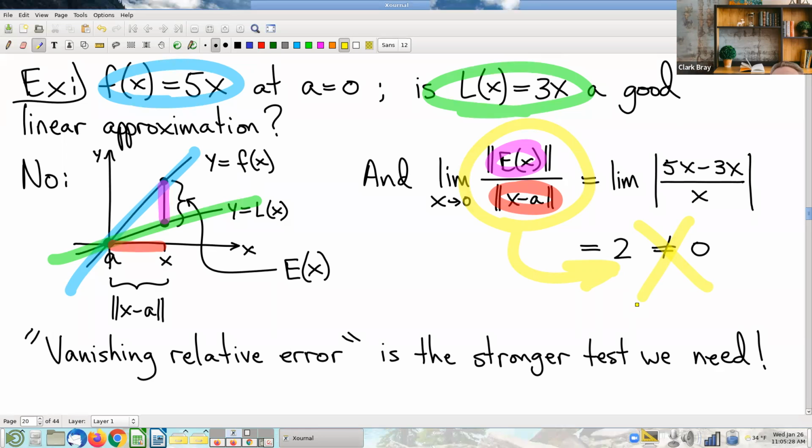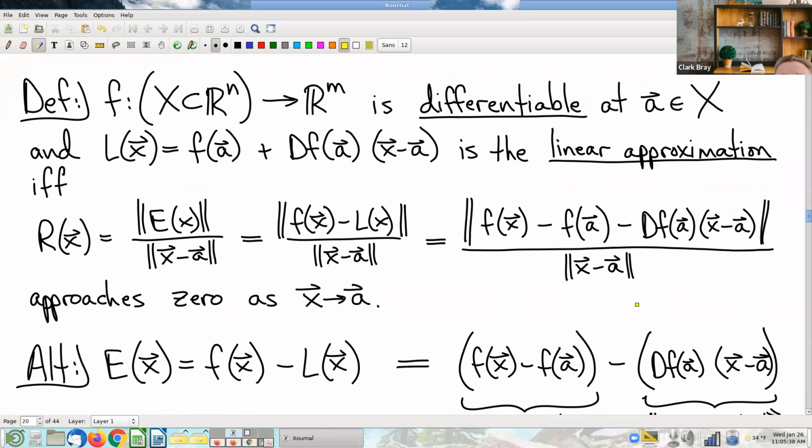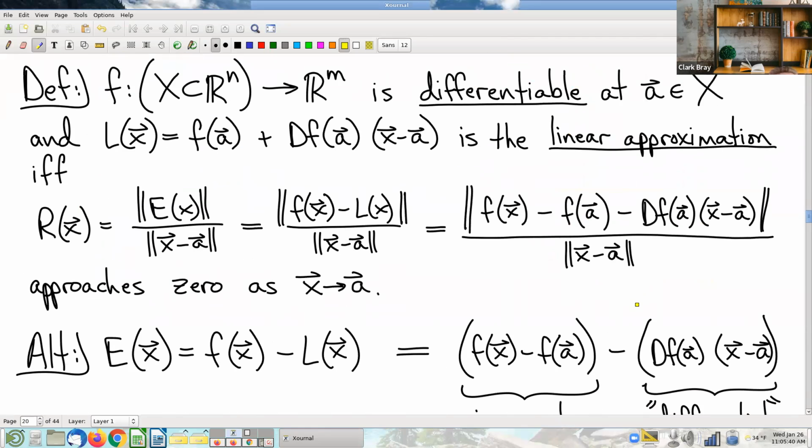Okay, so this is what we base the idea of differentiability on. And now there's a big formula down here, and this is a scary page, so we're going to take this cautiously, a little bit at a time. But this is how we define differentiability, and it's in the book. We say that the function is differentiable, or said differently, that our linear approximation actually is a meaningful, good linear approximation, if the relative error approaches zero.